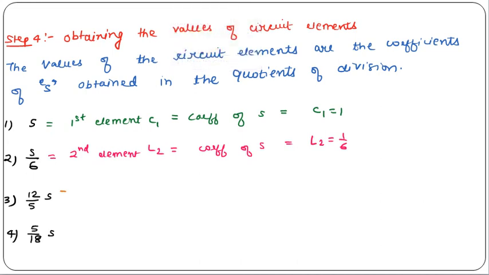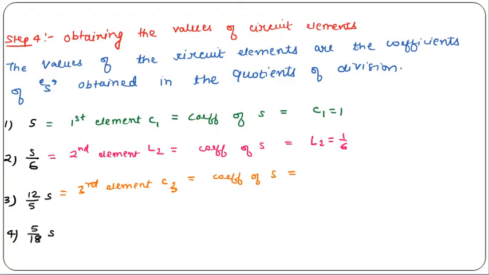Then the third element is again a capacitor because it will be forming the ladder. This is C3, and it will be equal to the coefficient of s.